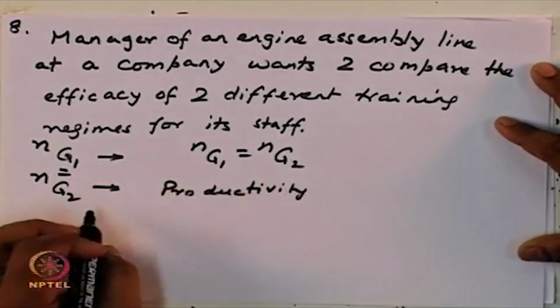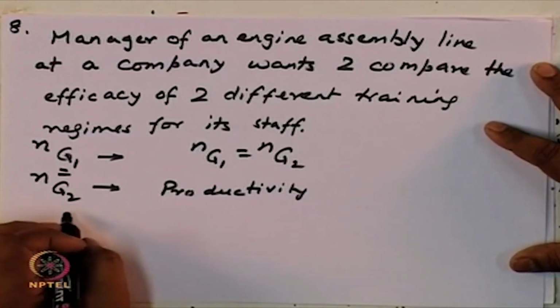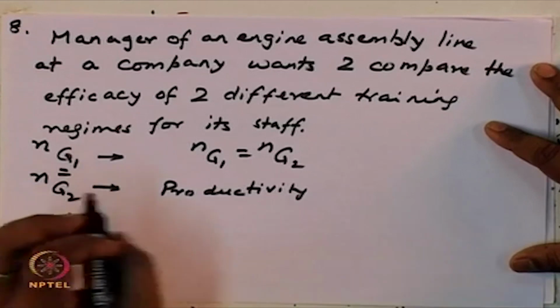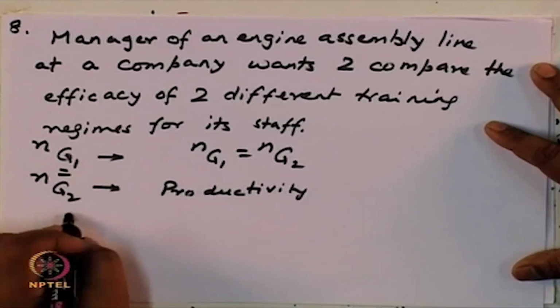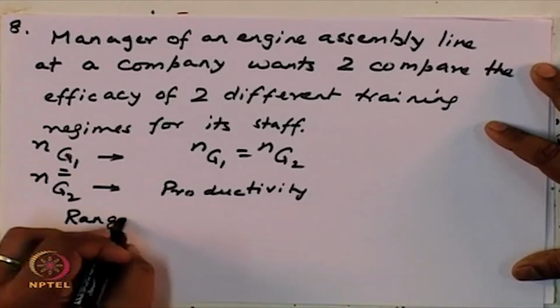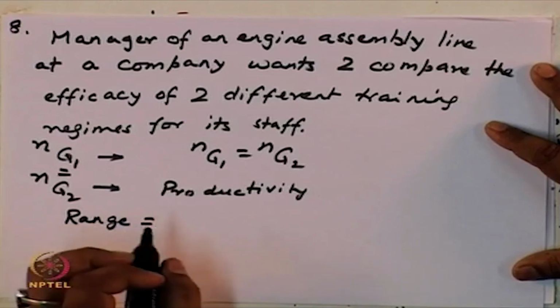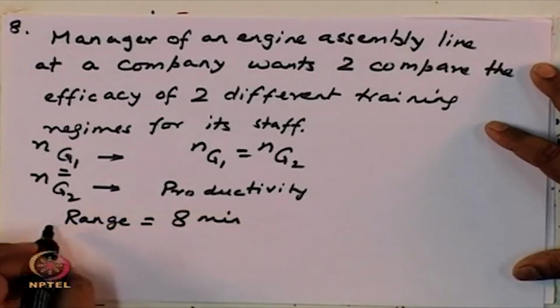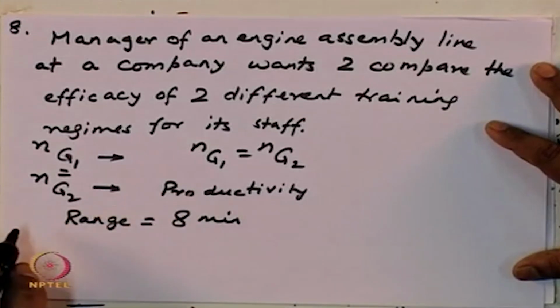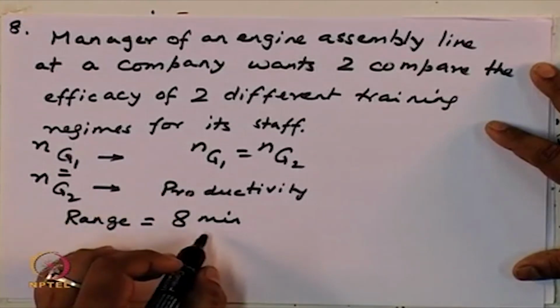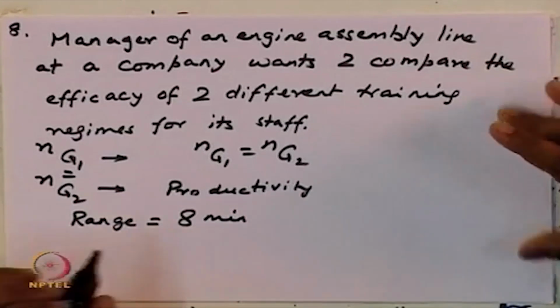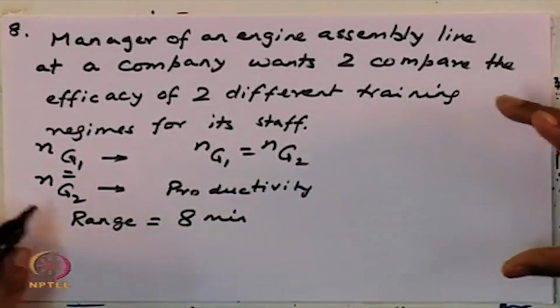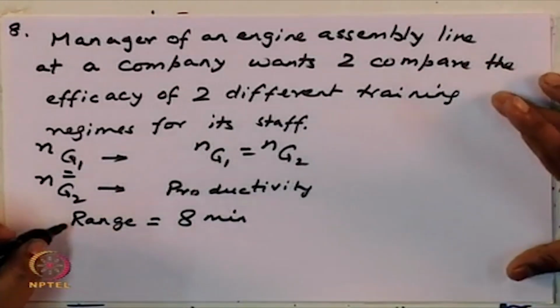And the productivity, what you are given is the difference, the estimate. So, if you are given the range of productivity for both these groups, it is roughly 8 minutes, which means between the minimum and the maximum time to perform a task, it takes 8 minutes.